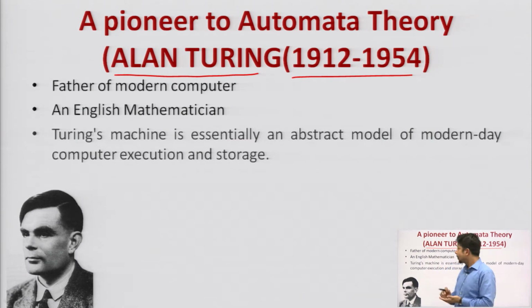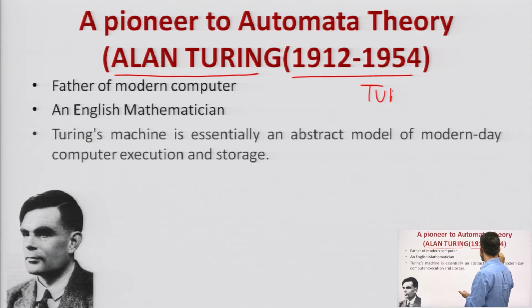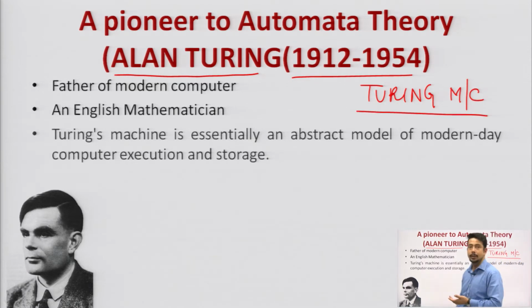Alan Turing developed a particular machine named the Turing machine. This Turing machine is the model that describes the entire functionality of all machines, as I have already told you: a set of inputs, a set of outputs, and the processing.